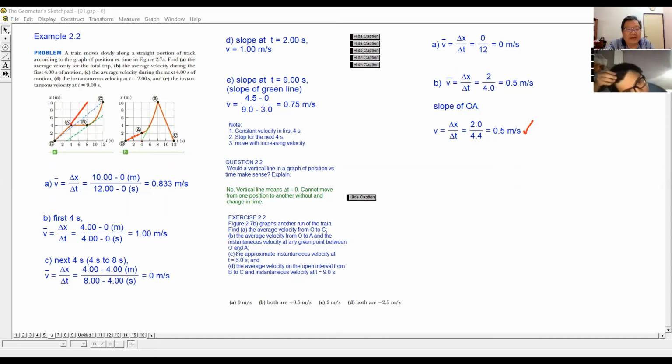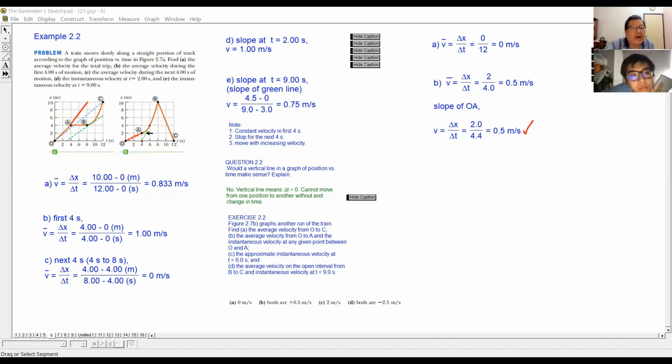Next part. The approximate instantaneous velocity at t equals 6. t equals 6 is where? Here, this red point here. Can you see a red point here? Right. So I have drawn the tangent to this red point.